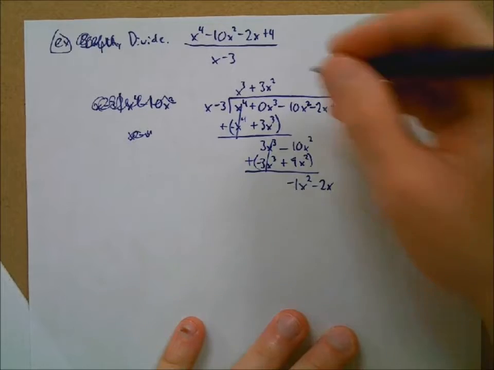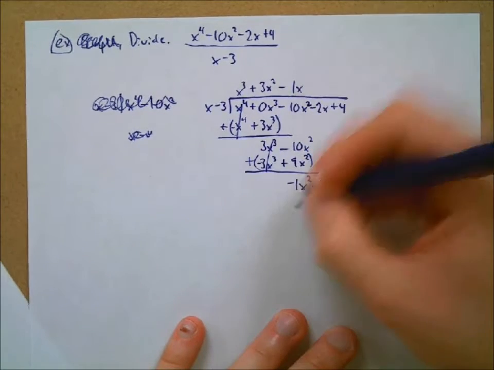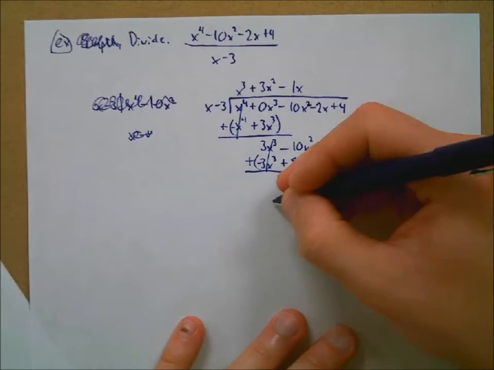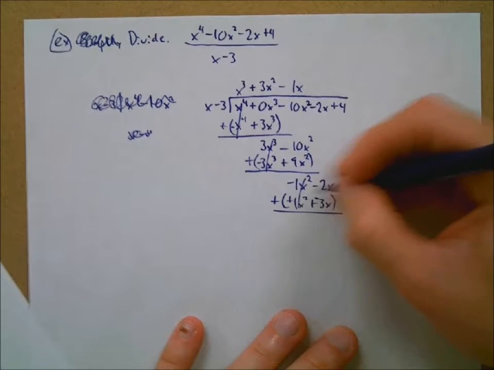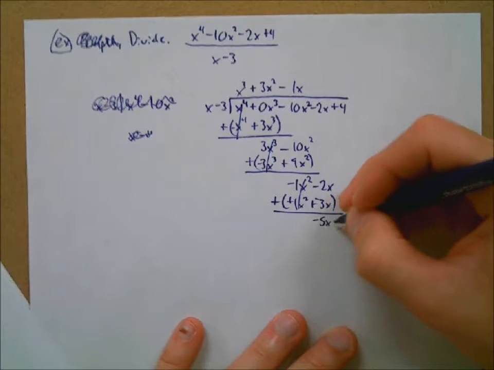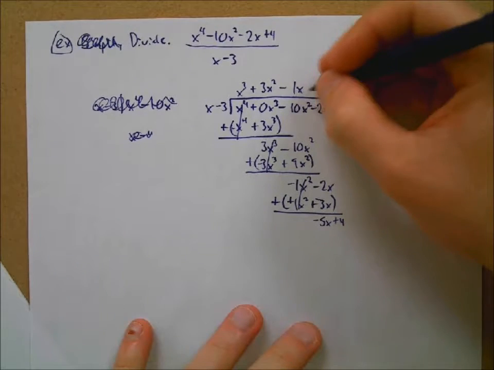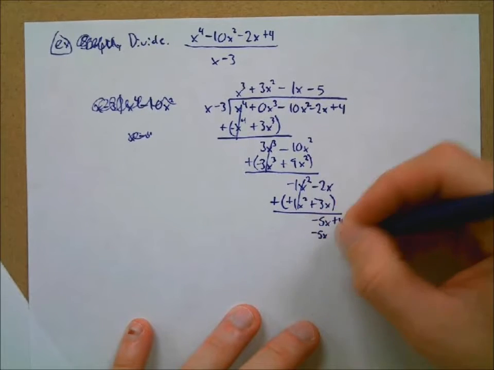All right. And then what times x gives us negative 1x squared? So negative 1x. And that's positive 3x minus the quantity. So add the opposite. And then minus 5. Am I going too fast? Yes. Okay.